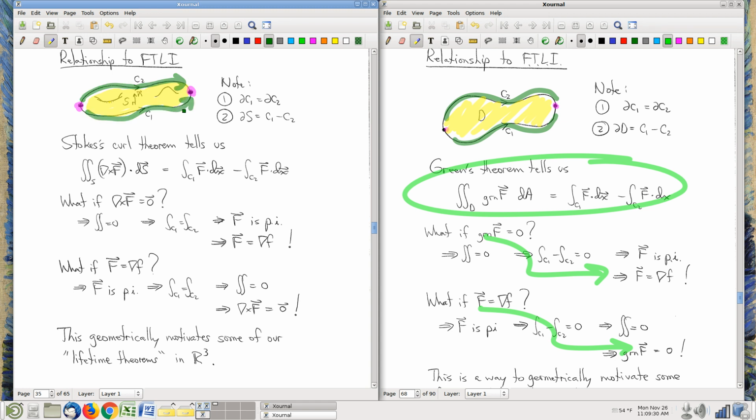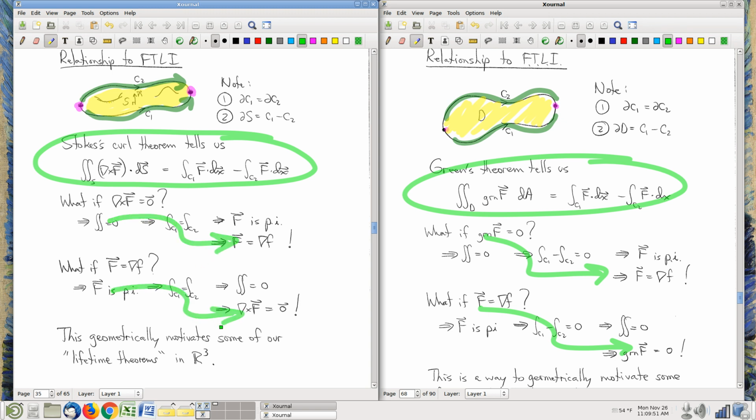Look how the picture is a rip-off of the one over there, morally the same. Now we're not going to write down Green's theorem, because there is no Green's theorem in the three-dimensional context. It's Stokes' theorem. And the exact same arguments go through. Well, they're obviously a little different, but the totally analogous rip-off arguments go through.